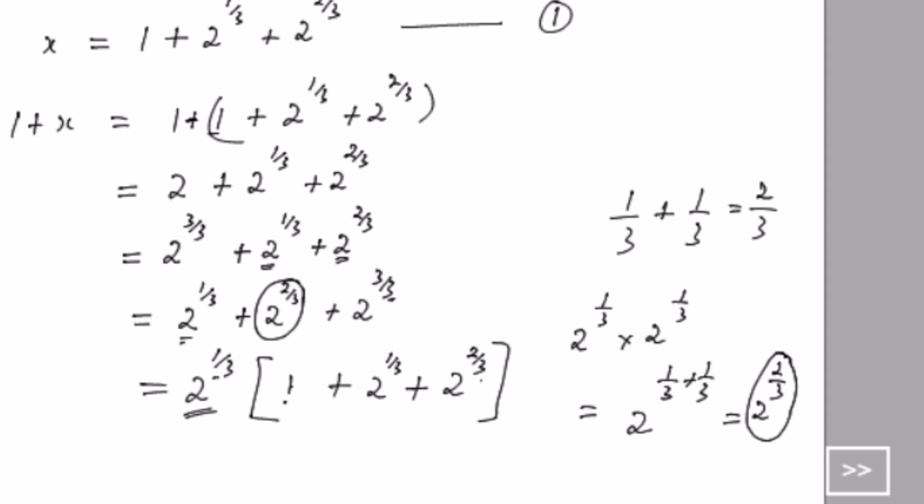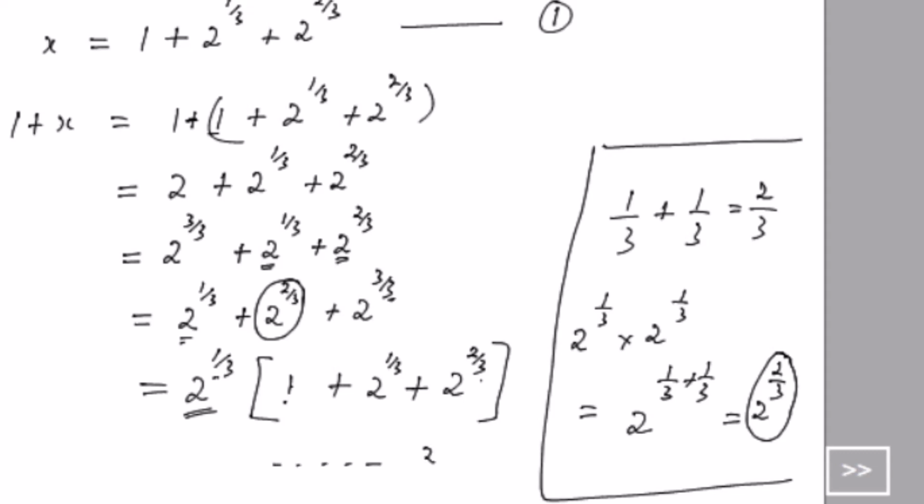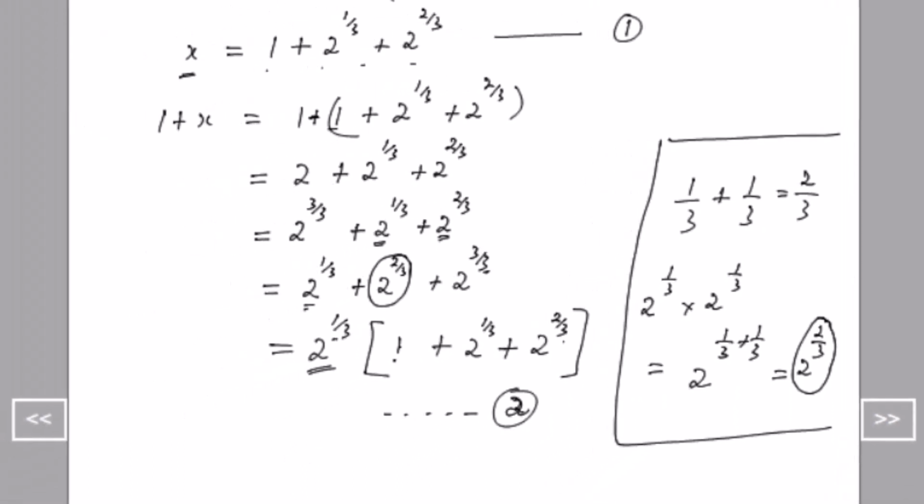So this is as good as, let me put this as rough work here. So this becomes equation 2. Now if you look at equation 1, 1 plus 2 to the power 1 by 3 plus 2 to the power 2 by 3 is nothing but x, which is this part.